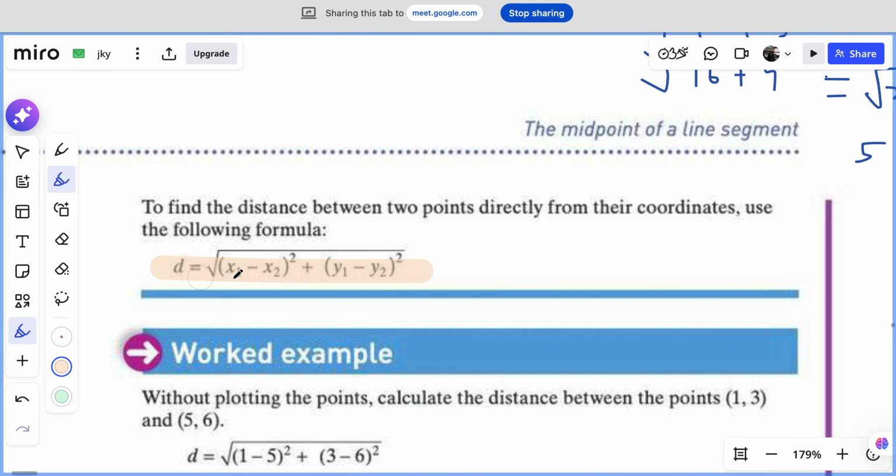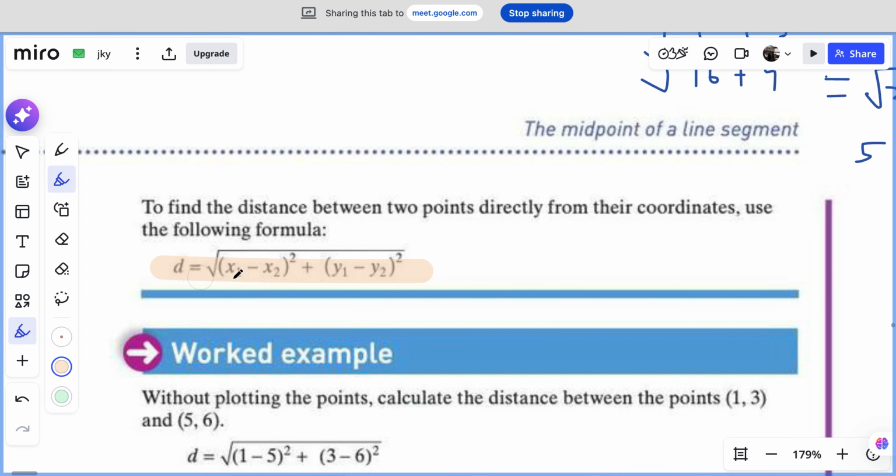So I hope you understand, but please pause the video. Another way, if you don't want to follow the formula, just find the horizontal difference. What's the horizontal difference? Just say 5 minus 1, 4. You put the 4 here. And then 6 minus 3 on the y-axis, this is the change in y, which is 3.